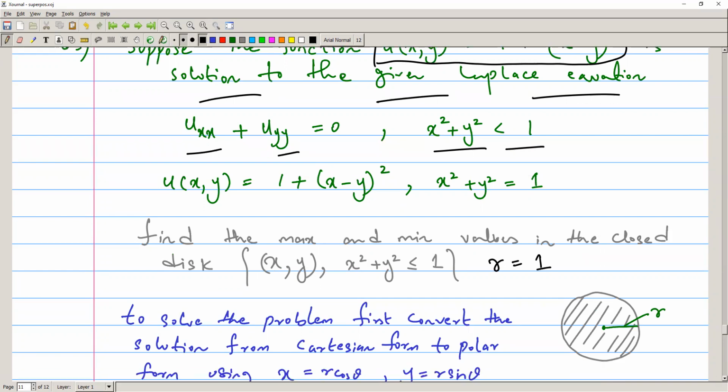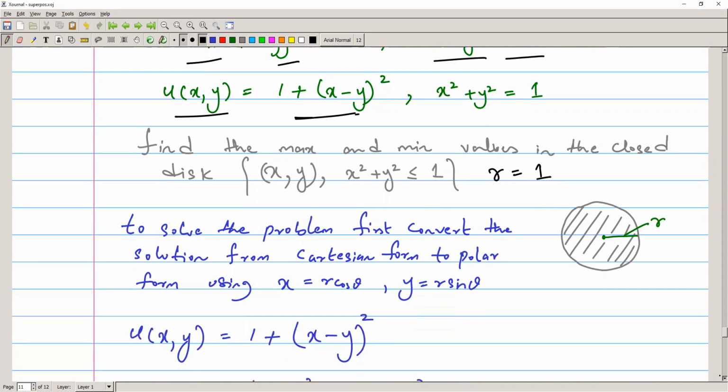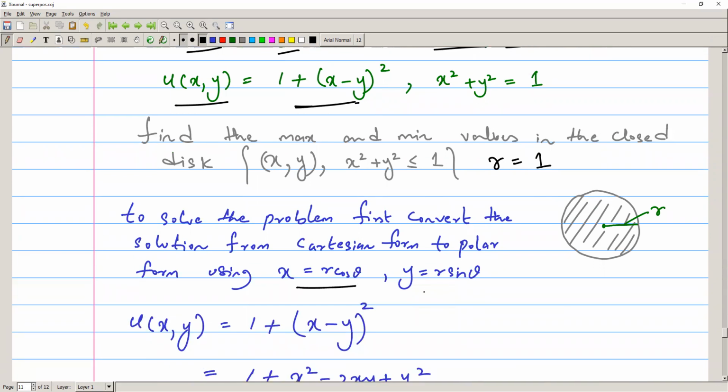Now we can convert this Cartesian form to the polar form very easily by using x is equal to r cosine theta and y is equal to r sine theta, right? It will be easier to find the maximum and minimum using these polar coordinates.